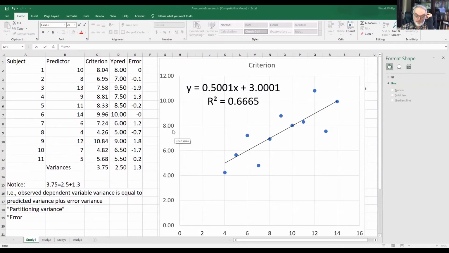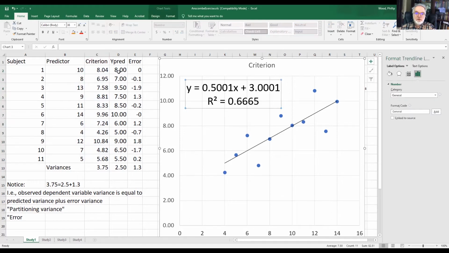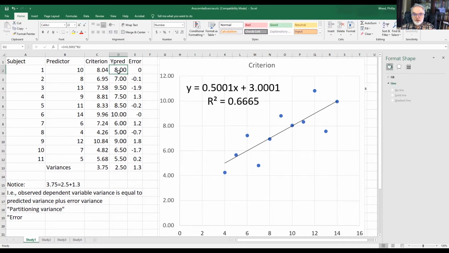So let me come in and share the screen for our old friend, this first data set. And again, to start at the beginning, if we have 11 people in our study and we have scores on a predictor variable and a criterion variable, the independent variable and the dependent variable, I can use this equation over here and I can make a predicted score for everybody.